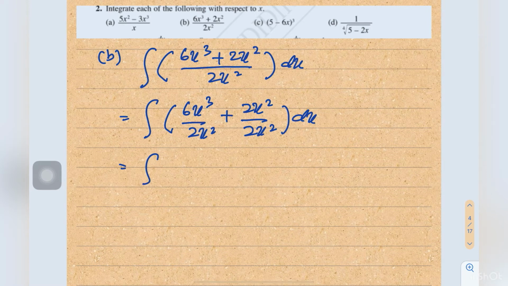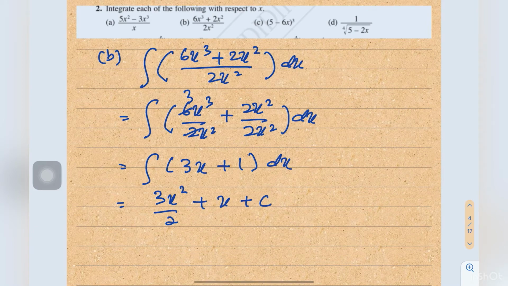This one is 3x plus 1, dx. Then we integrate. So 3x squared over 2 plus x plus c.